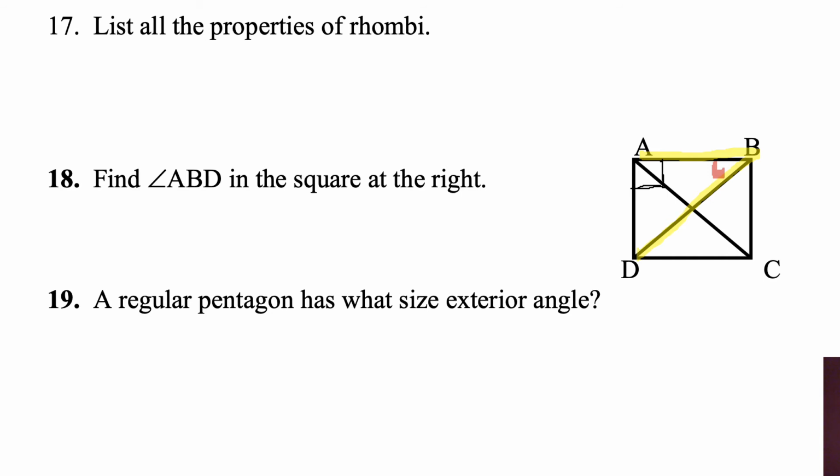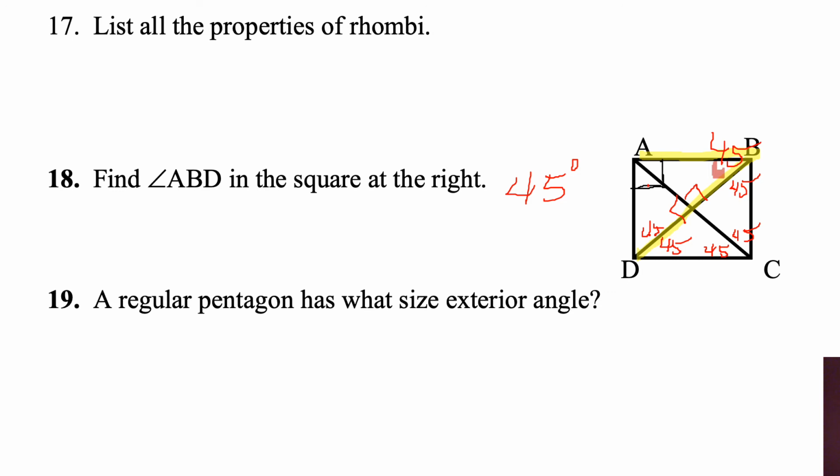So each corner is 45 degrees, 45 in every single corner, except the middle. The middle's like the rhombus: right angle, right angle, right angle. But these little corners that get split are going to be 45 each.